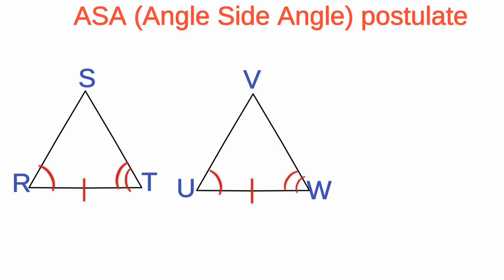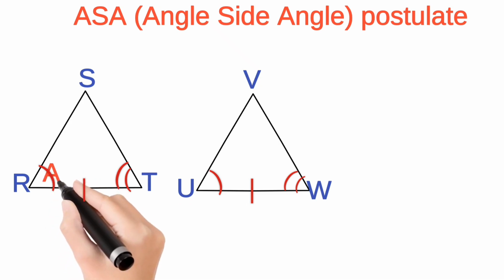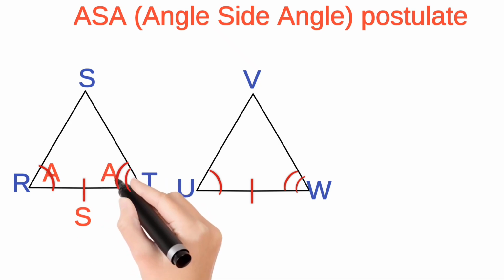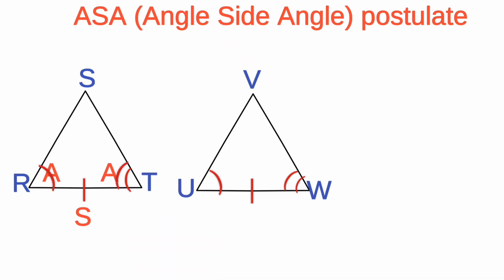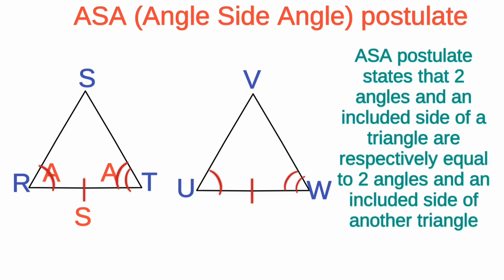From the two triangles, you can see that we are having angle side angle. So that is why we say that these triangles are congruent triangles. So with this, we can also state that ASA postulate states that two angles and an included side of a triangle are respectively equal to two angles and an included side of another triangle.